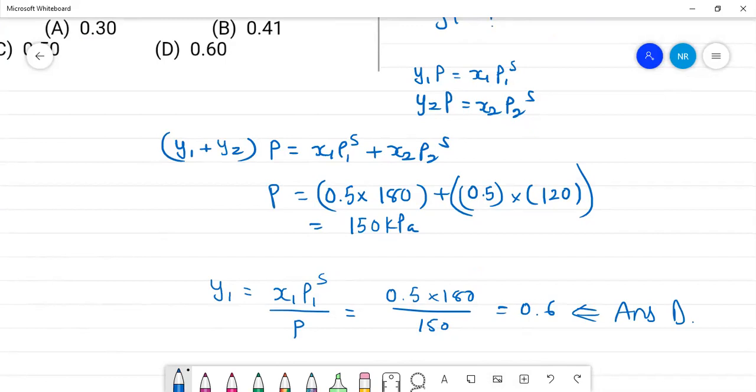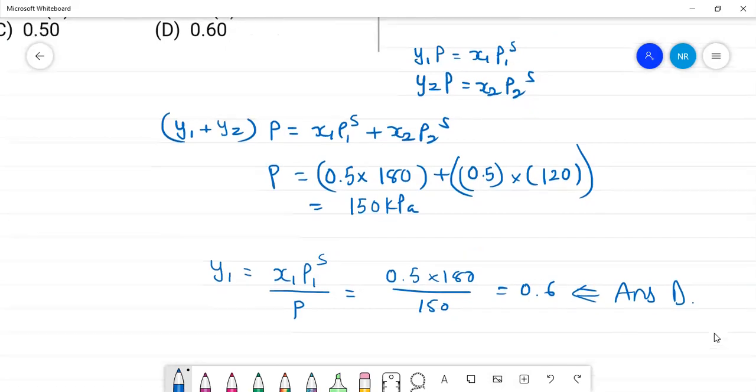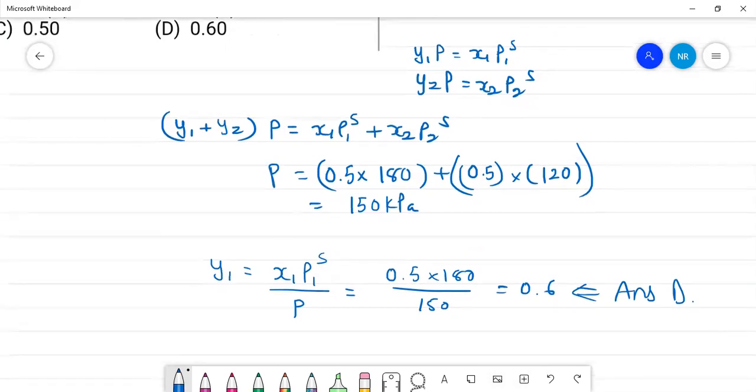Okay. A very easy example. Let's see if any other examples are available or not.